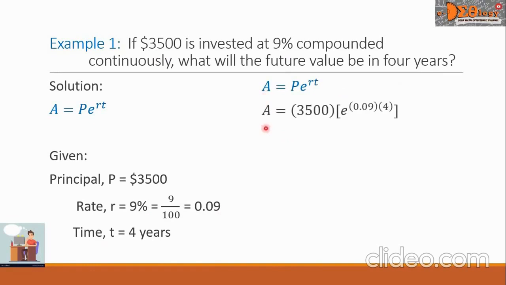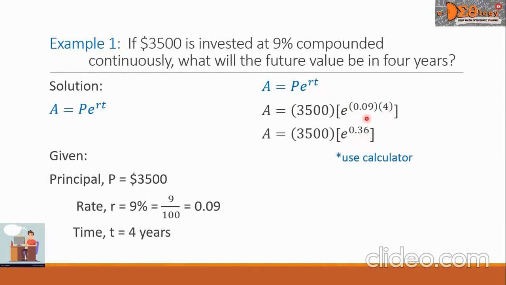So we have capital A equals, the P is now changed into 3,500 times the constant E that is raised to the product RT. The R is now changed into 0.09 times the time, which is 4. To simplify further, let us begin by taking the product of this exponent. 0.09 times 4 will give us 0.36.